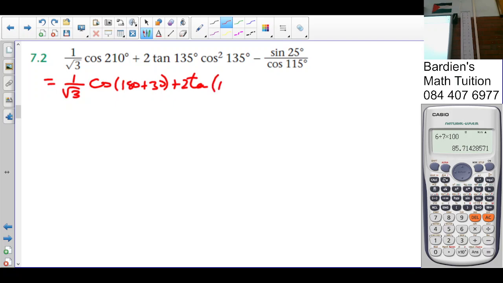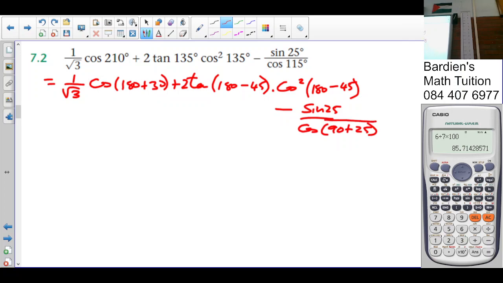That's going to be 180 minus 45 times cos squared 180 minus 45 minus sine. Of course, 25 is not a special angle, so I know somehow or other 115 has to be connected to 25 somehow or other. Okay, so that can be written as cos 90 plus 25.